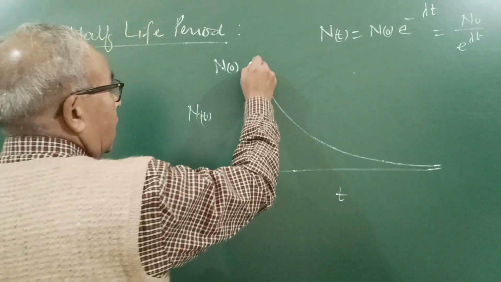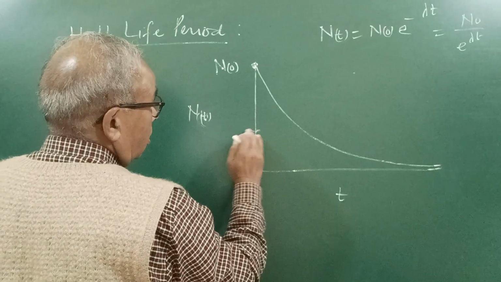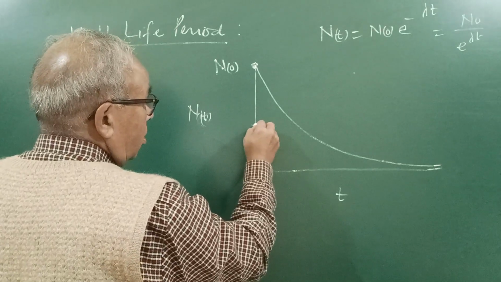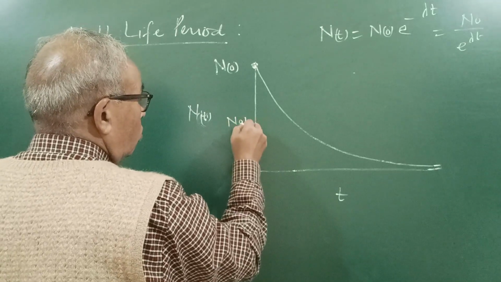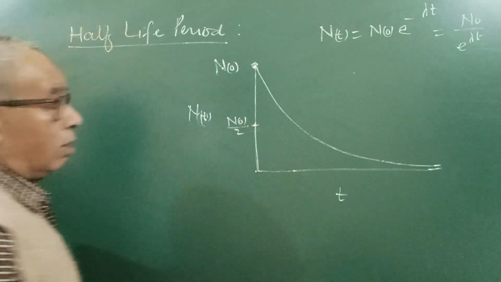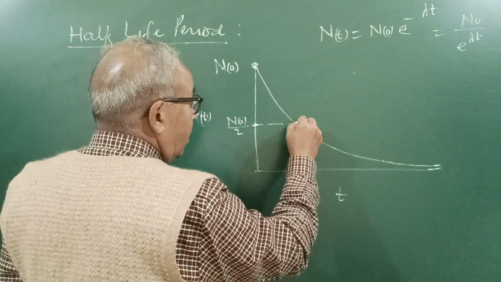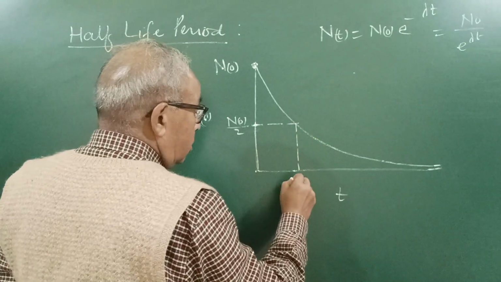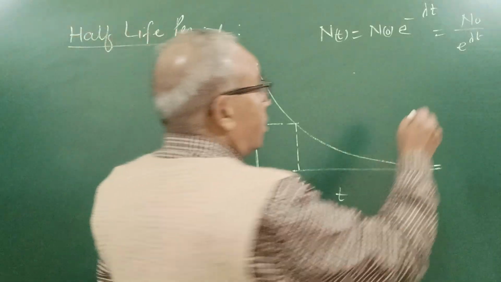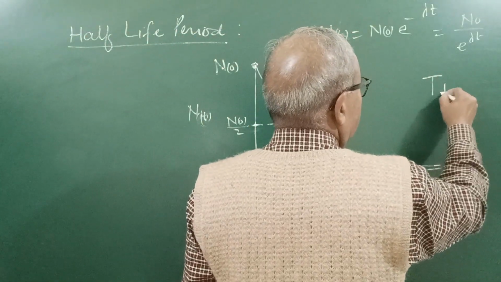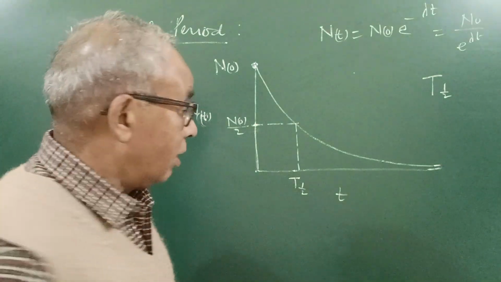Here it is N0, at time 0. Here you can have a time at any instant. Here you will have N0 by 2 radioactive nuclei left at this time. This I marked as t half. It is not t by 2, t half, where half is the suffix representing half-life period.